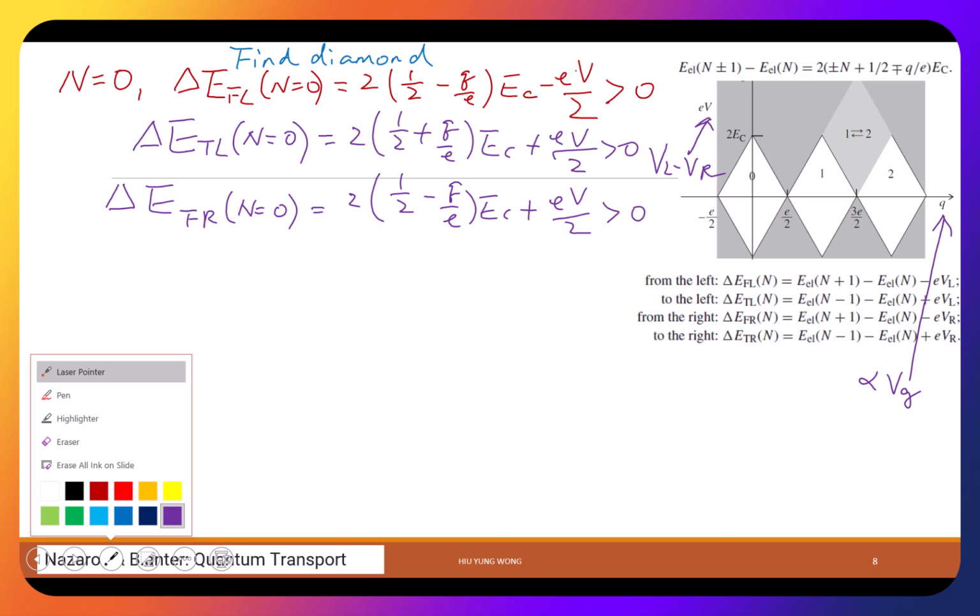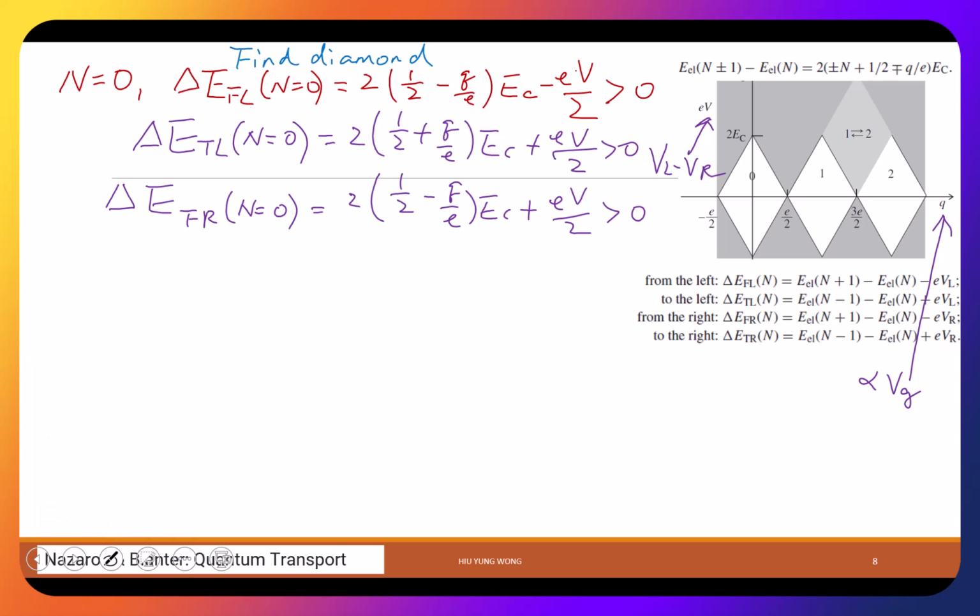One more. Anyone else want to help me? To the right: get an electron from the quantum dot to the right. How would the energy change? 2 times 1/2 plus. Why is it plus?